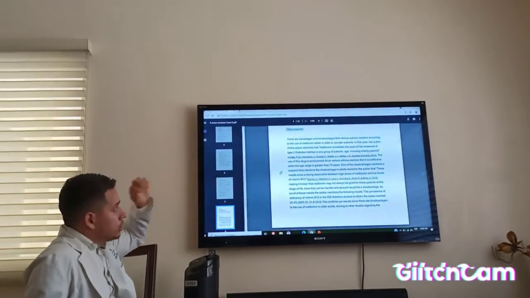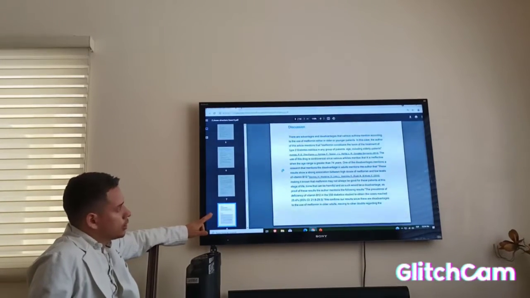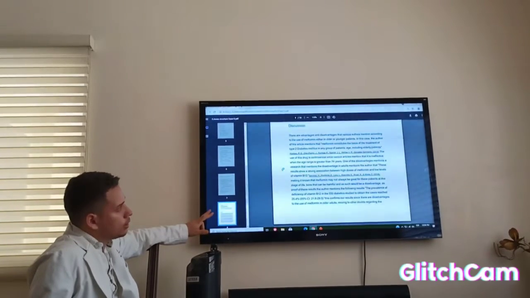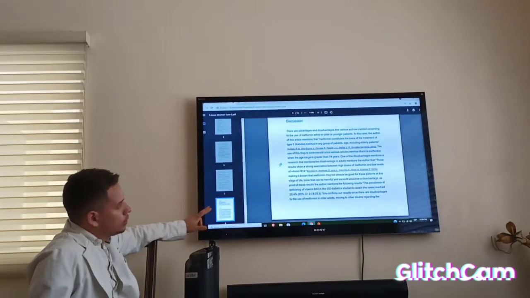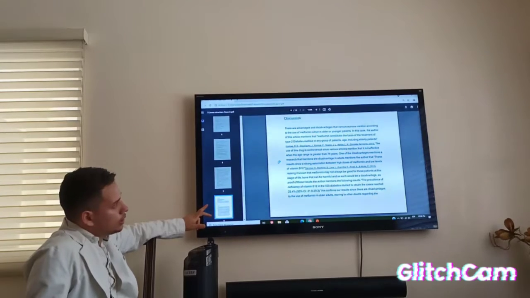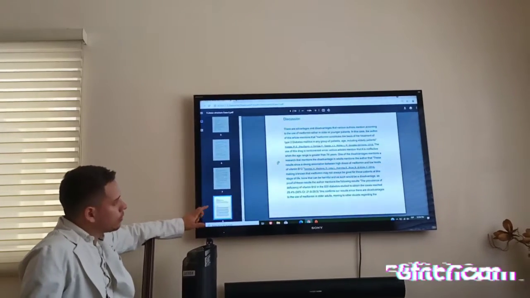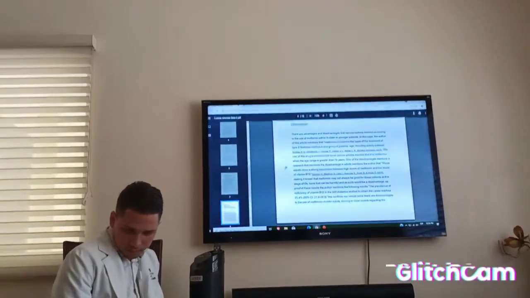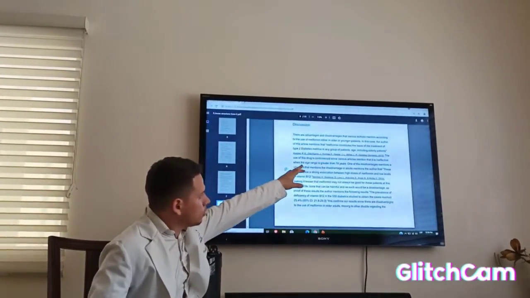In this case, the author of this article mentioned that metformin constitutes the basis of the treatment of type 2 diabetes mellitus in any patient age group, including elderly patients. And this is the reference quote.